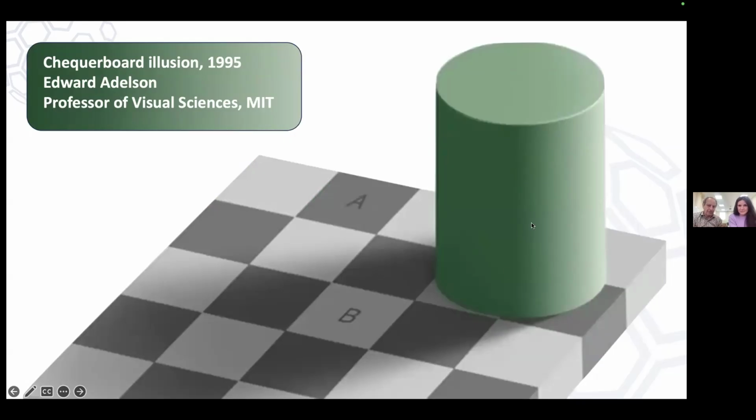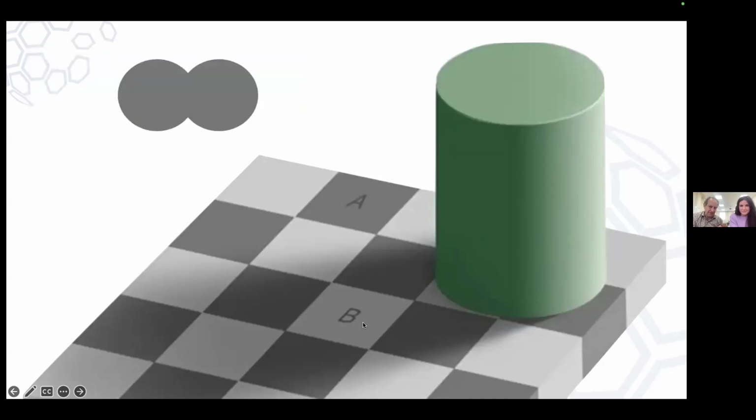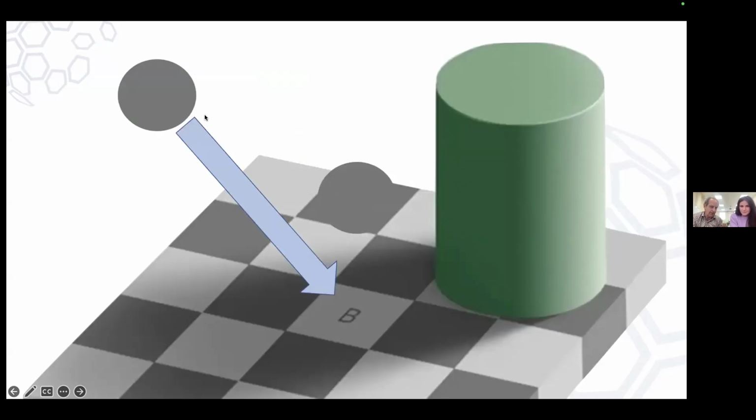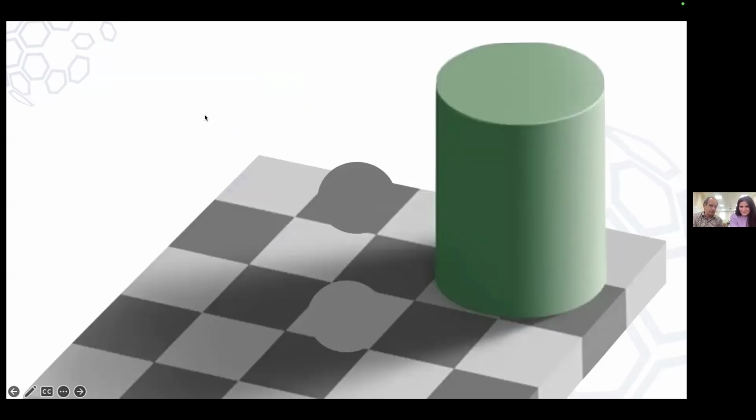There is a checkerboard and an object casting a shadow, and you can see that square A is the dark square and square B is the light square. I've taken 2 discs and copied the staining intensity of A, so these are exactly the same. If I put 1 disc on A, it will be the same. If I put this other disc on B, you will see B is dark. But my brain says it cannot be dark, I'll make it white.